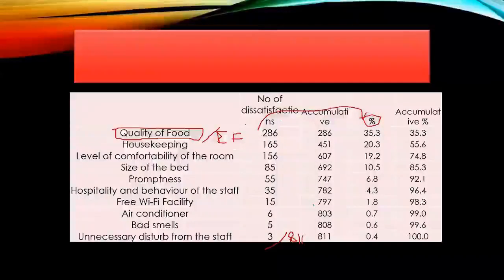Then next one, 165 divided by 811, 20.3%. 156 divided by 811, 19.2%. 85 divided by 811, 10.5%. Likewise, you can calculate it. Please calculate and see whether I am correct.